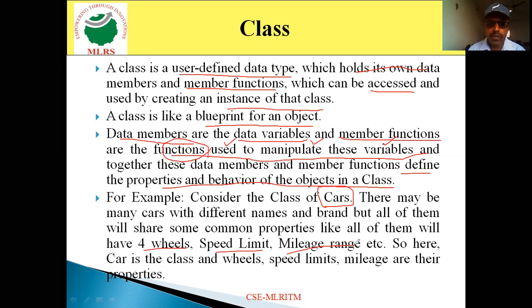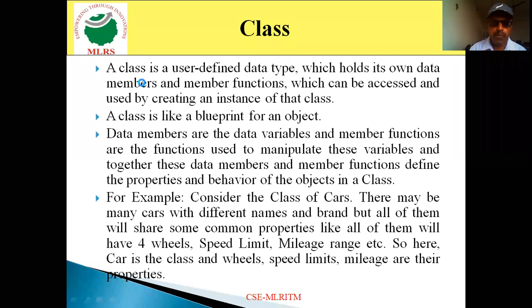Similarly here also, in the same manner as the car has properties, the class also consists of the data members and the data functions which define the properties of the class. So this is the way we specify the class.